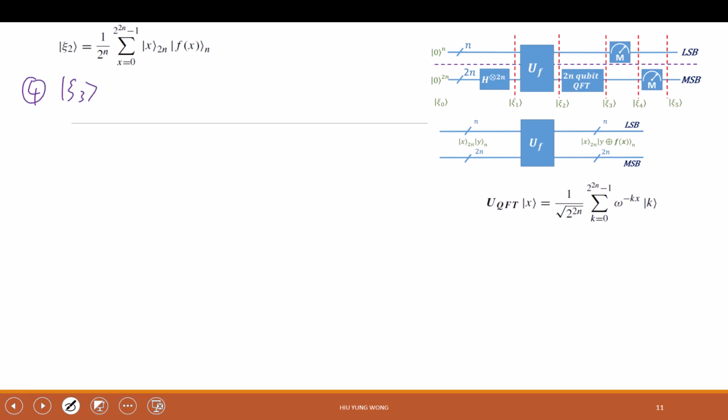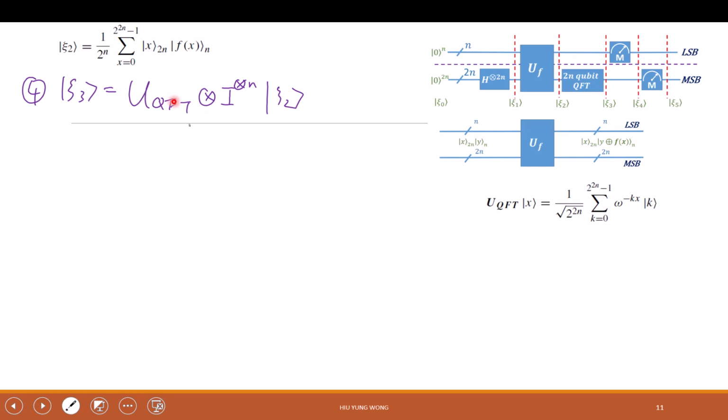Now, based on the drawing, right, and what do we have this time? We actually have a quantum Fourier transform gate, which is a 2n qubit gate. Tensor product with identity gate, which is n qubit, applied to Z2. I don't know how to write it, right?